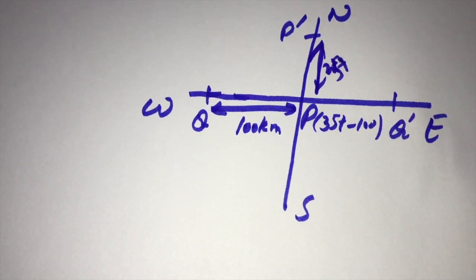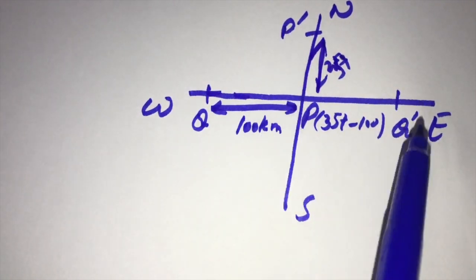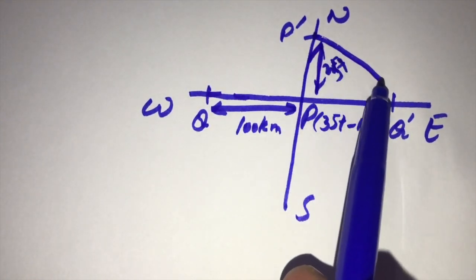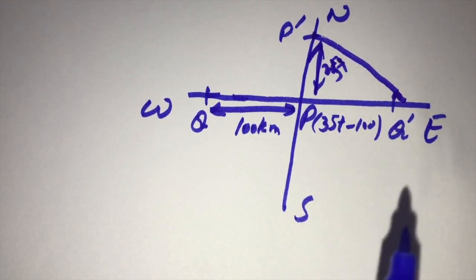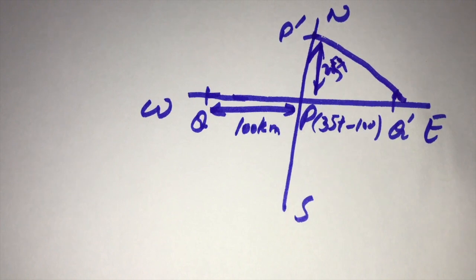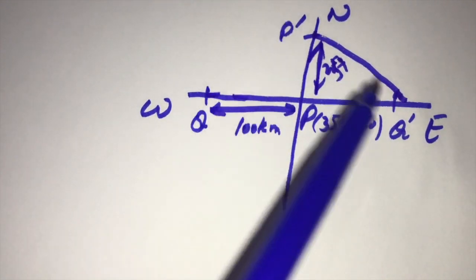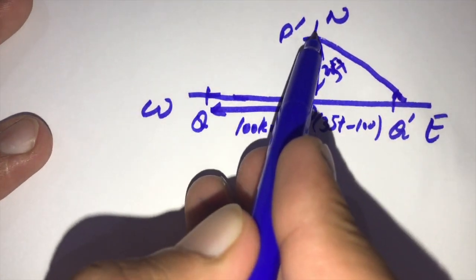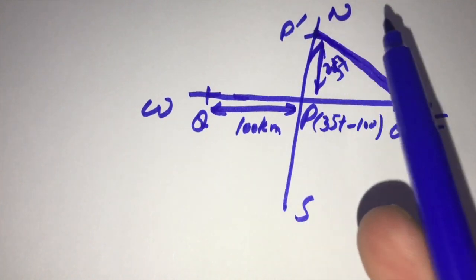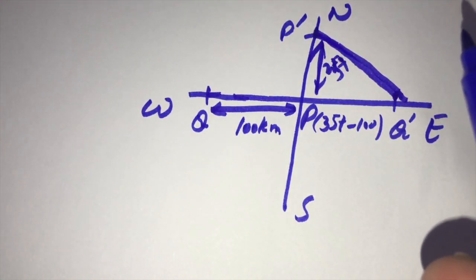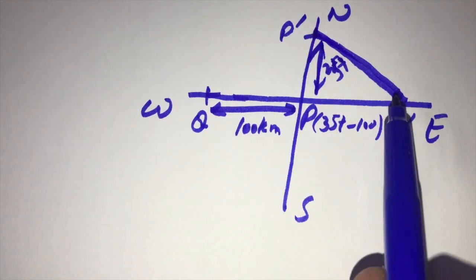How fast is the distance between the ships changing at 4 p.m.? This is position P dash and this is Q dash, and we measure that distance. We made this hypothetical picture so that we can imagine what is going on. This is a right triangle, so we use the Pythagoras theorem to find this distance.